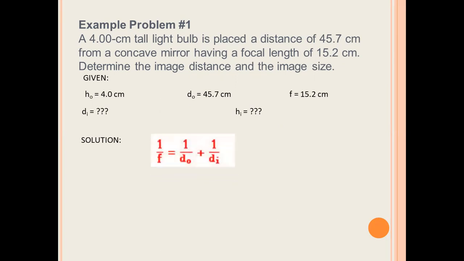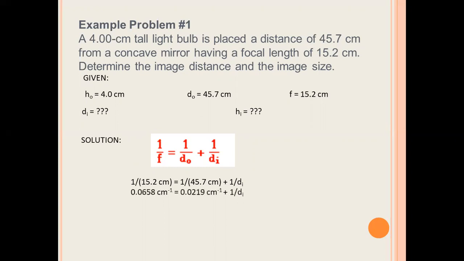Our solution proceeds as we use the mirror equation: 1/f = 1/do + 1/di. Plugging in the values, 1 over 15.2 centimeters is equal to 1 over 45.7 centimeters plus 1 over di, the image distance.